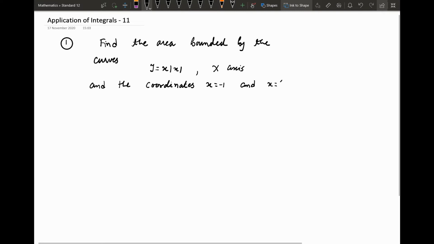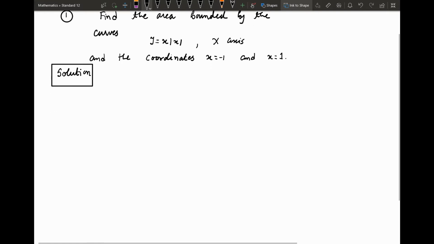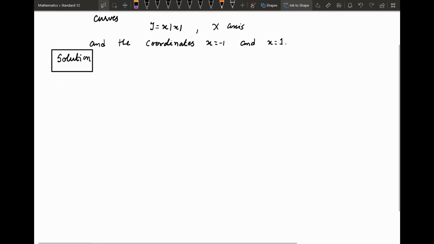So first we will draw the graph of the required region. So let us discuss the solution. The curve is given by y equal to x into mod x.